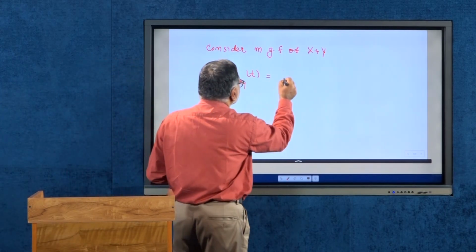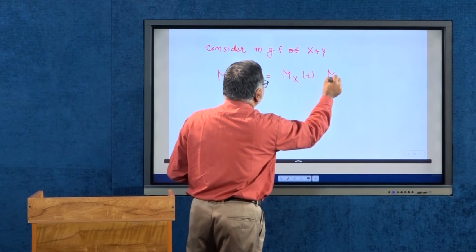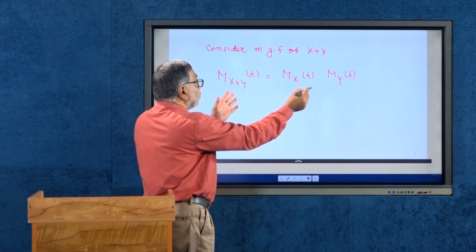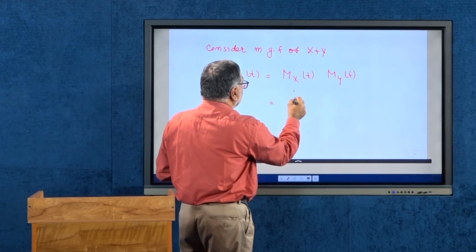So, this is equal to M_X(t) into M_Y(t), since X and Y are independent.